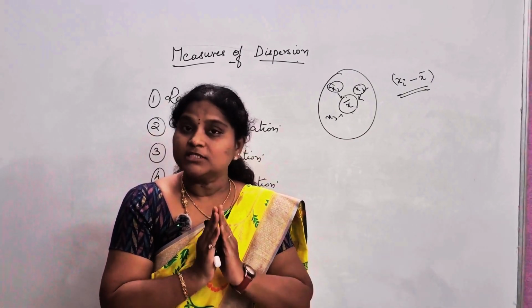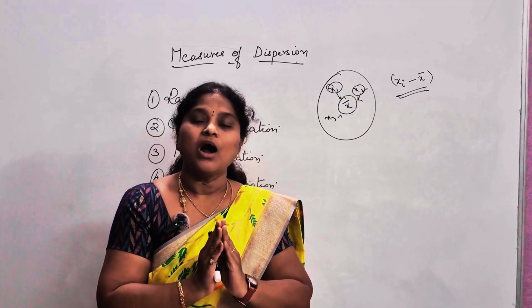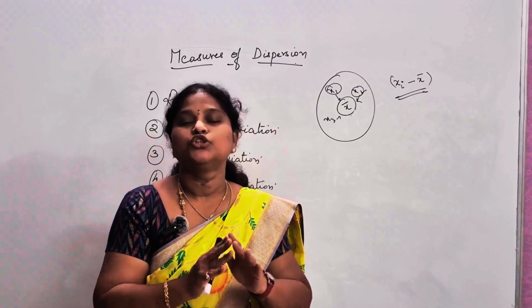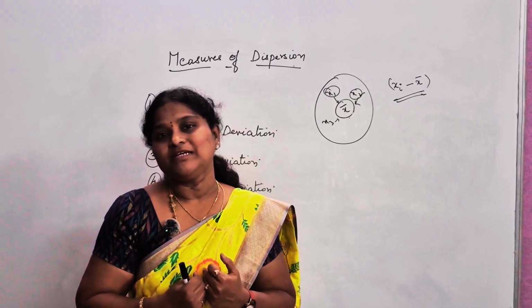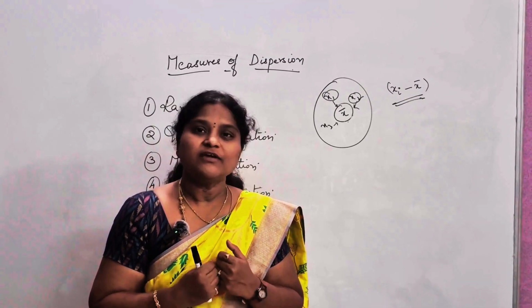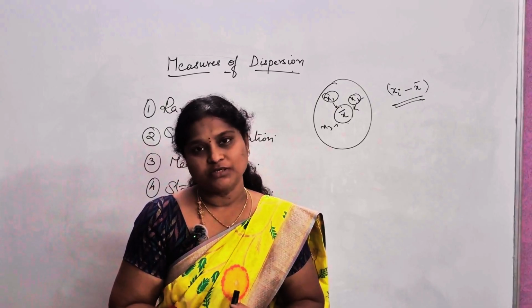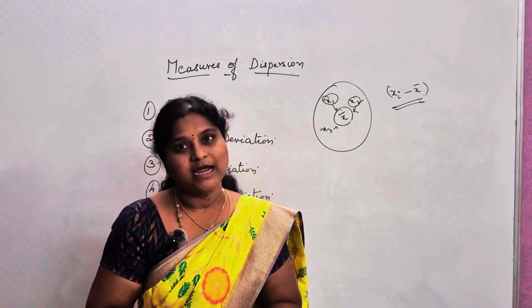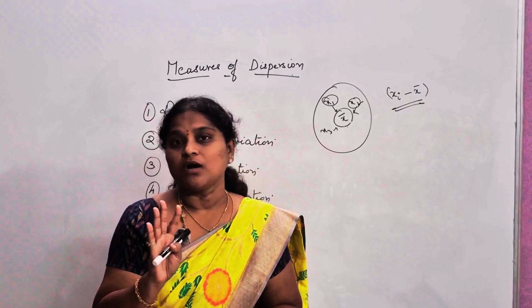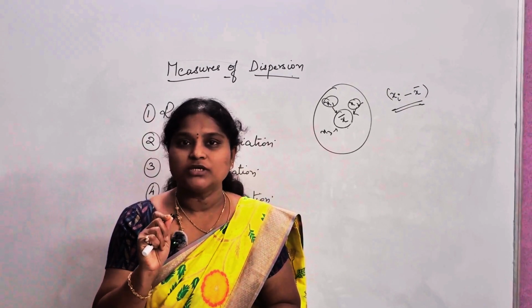So simply, dispersion helps us find out how the data is spread throughout the data set. This helps us find out the variability of the data. We have generally four measures of dispersion: range, quartile deviation, mean deviation, and standard deviation. These four are called the absolute measures of dispersion.